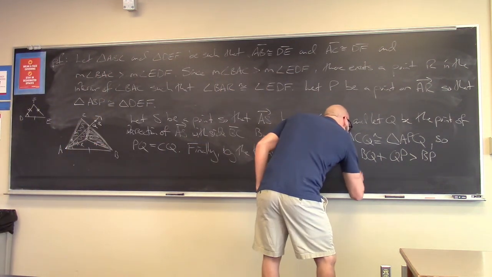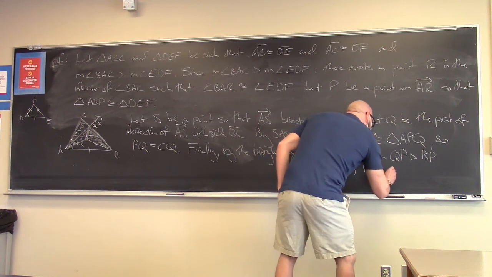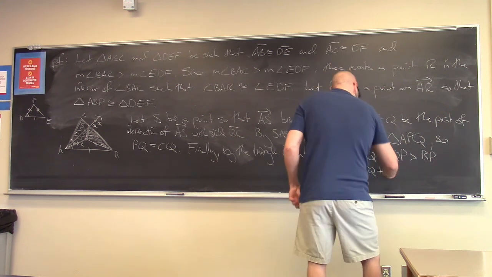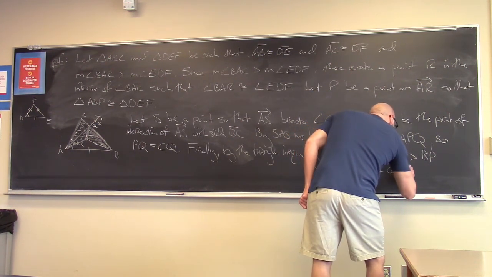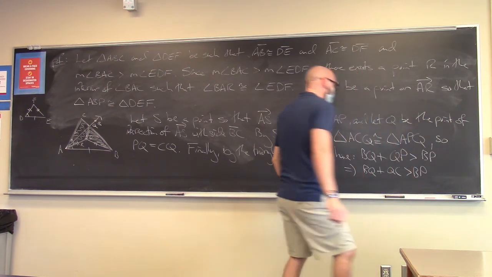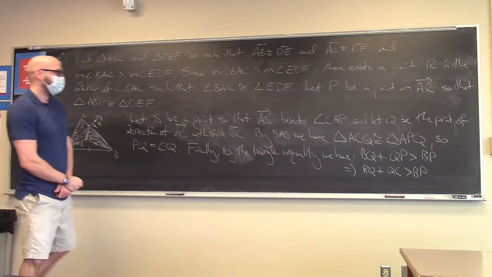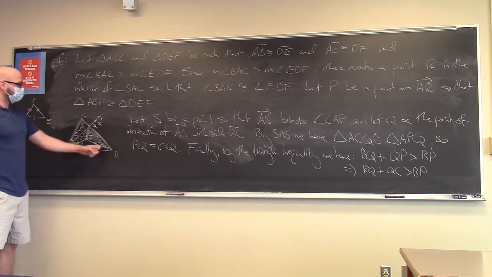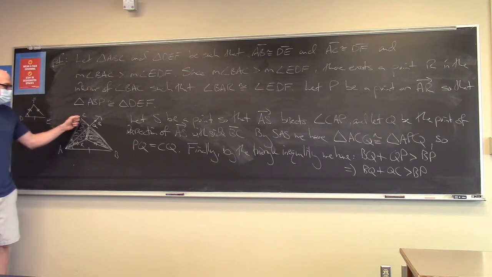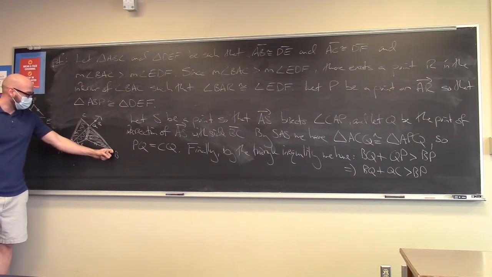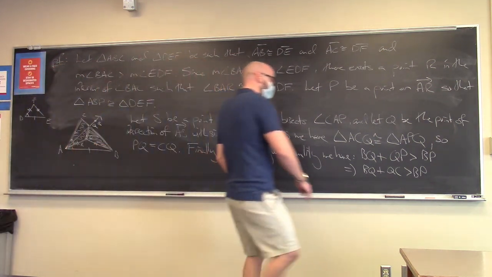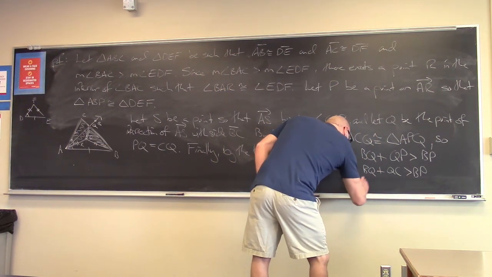So PQ plus CQ, or QC, is longer than BP. And obviously, BQ plus QC is the original side of ABC. It's the side BC. So I think I can fit one more line in here.